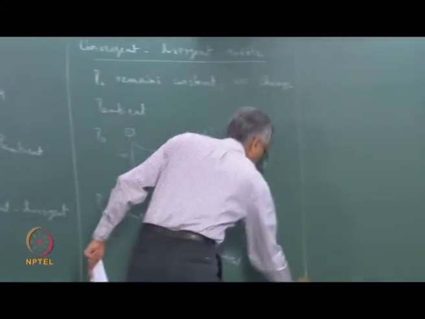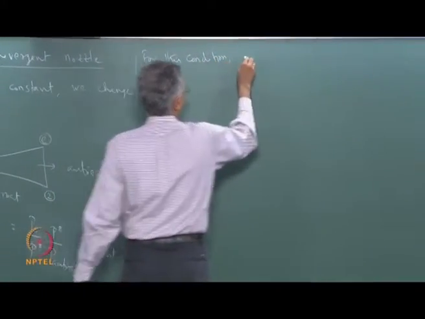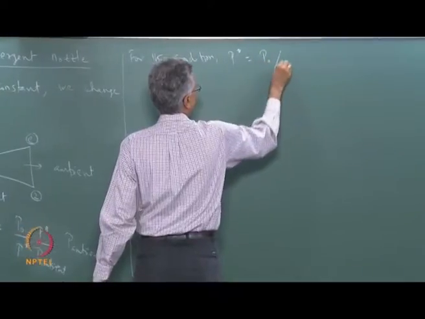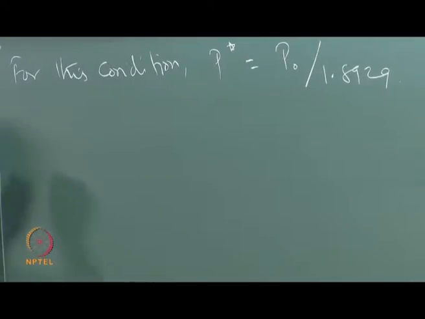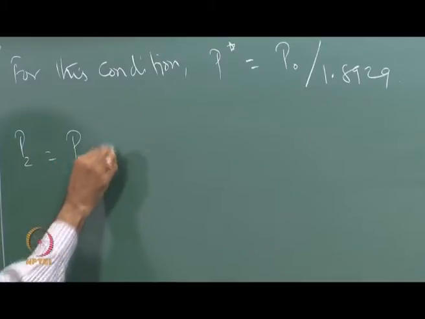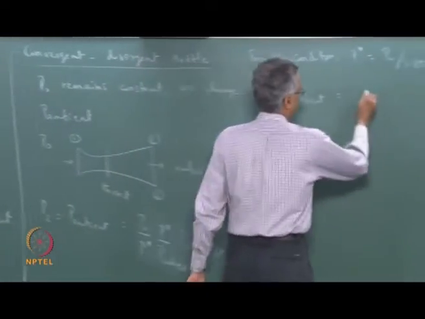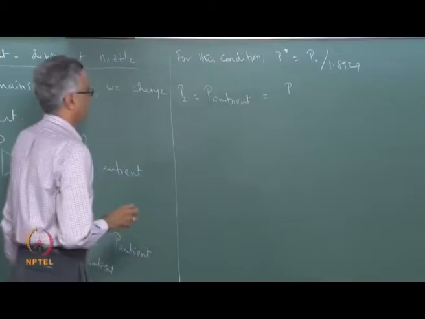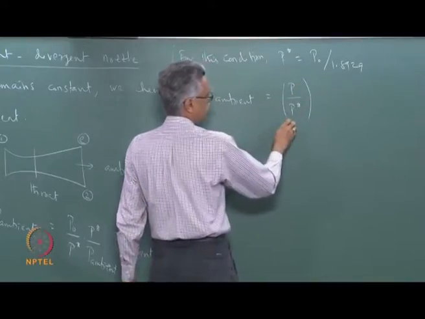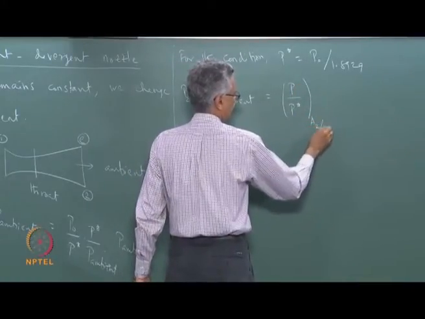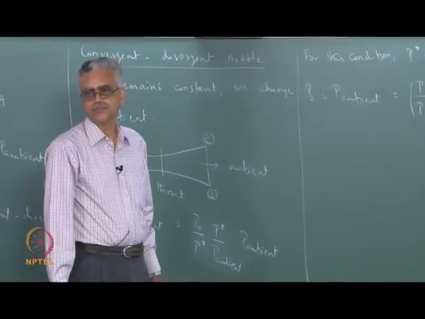So, for this condition, P star is equal to P0 divided by 1.8929, and so P2 is equal to P ambient, which is equal to P divided by P star corresponding to A2 divided by A throat, for the given value of A2 divided by A throat, right.